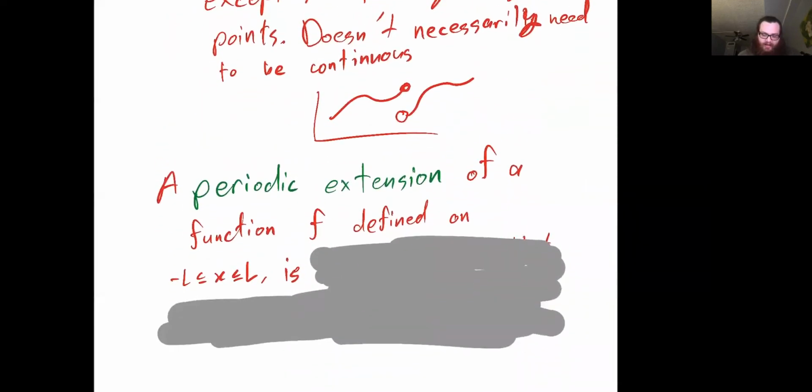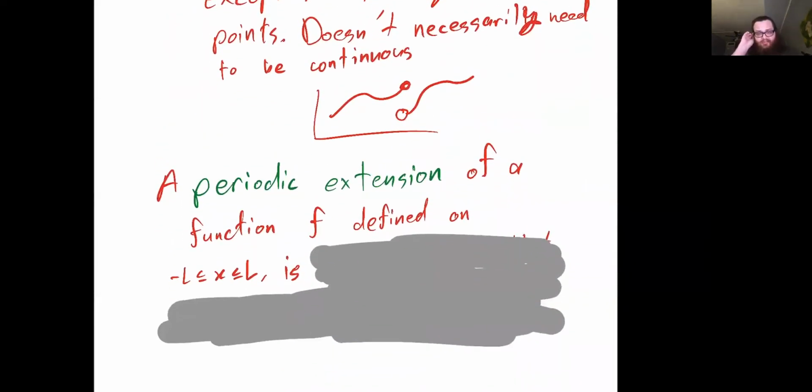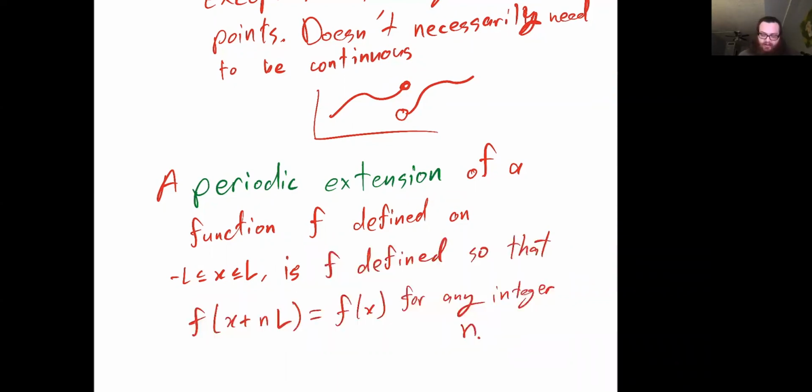The other thing that we had was this notion of a periodic extension. Okay, and I kind of got at this with the sine and cosine bit before, but a periodic extension of a function f defined on an interval negative L to L is going to be, well, essentially f, just copied over a bunch of times.